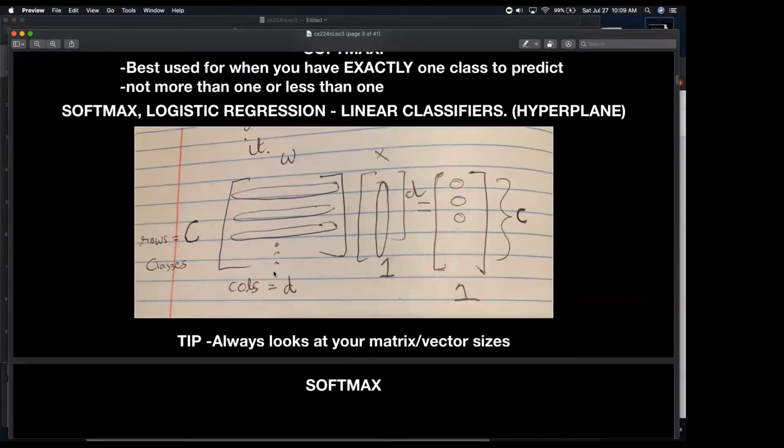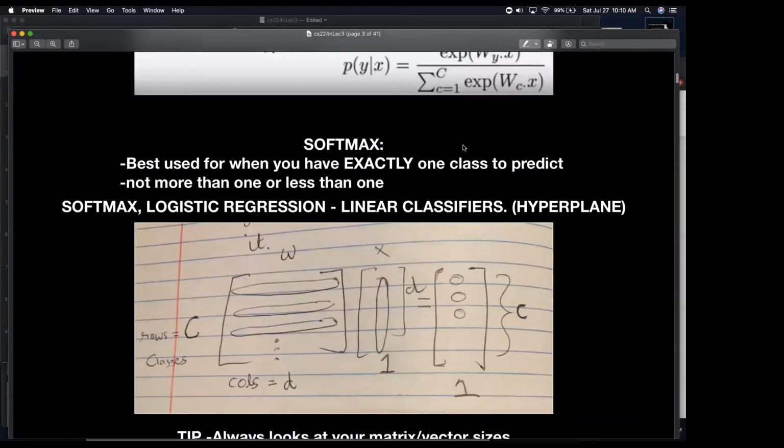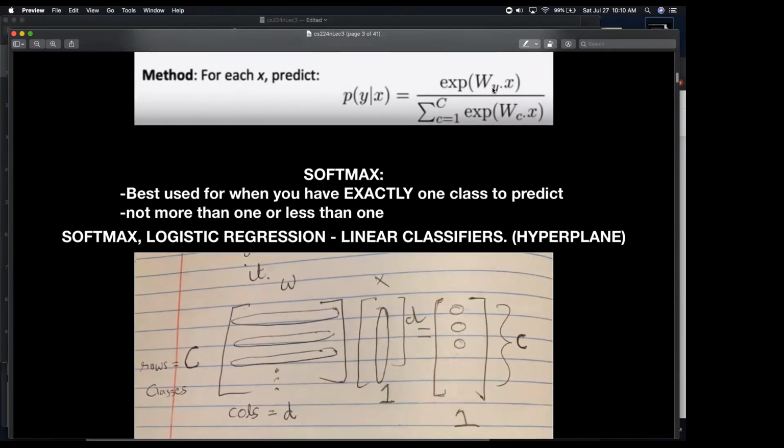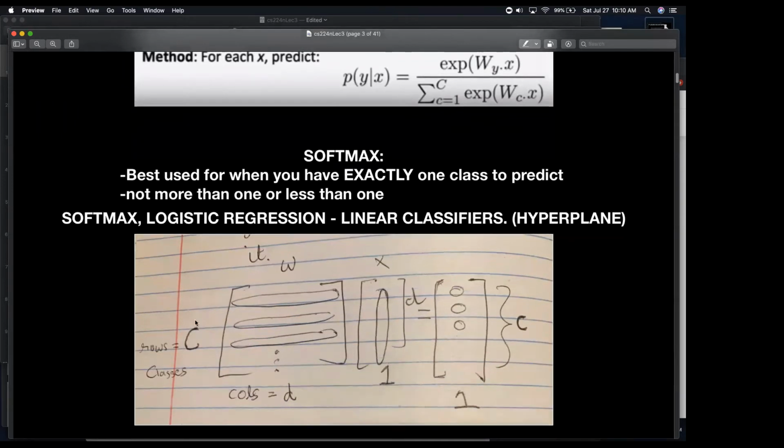Something which really helps is always looking at the sizes of the matrices or the vectors that you're working with. In this case, if you look at this softmax, this multiplication, especially this W times X, W is a C by D matrix, where each row is a set of weights for each class.